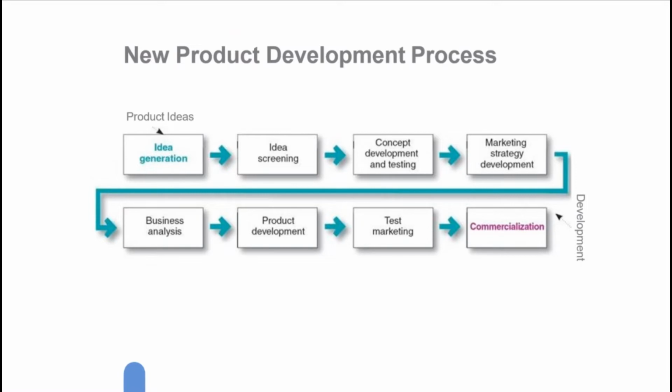The new product development process consists of these stages: product idea generation, idea screening, and then concept development and testing, marketing strategy development, business analysis, product development, test marketing, and commercialization.